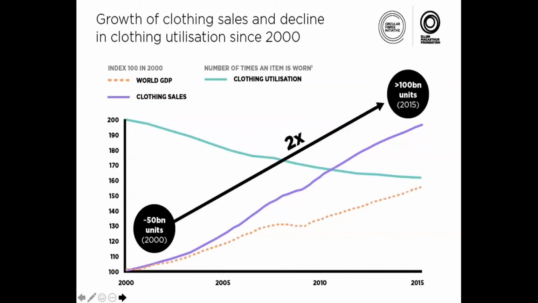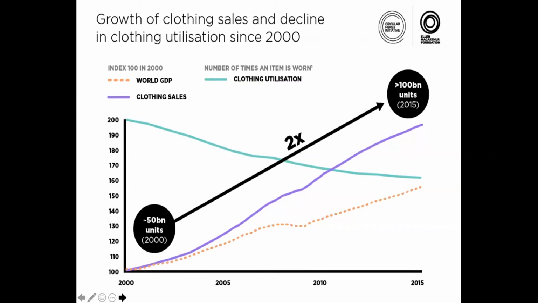I don't know how many of the participants today are familiar with the problems of the textile industry. I'm not going to go in detail, but just to put it out there, as Jan also highlighted in the German context. But according to Ellen MacArthur Foundation, which is one of the largest or the most important, you could say, think tank on circular economy in the world, according to their studies, the growth of clothing sales has doubled over the last 20 years.